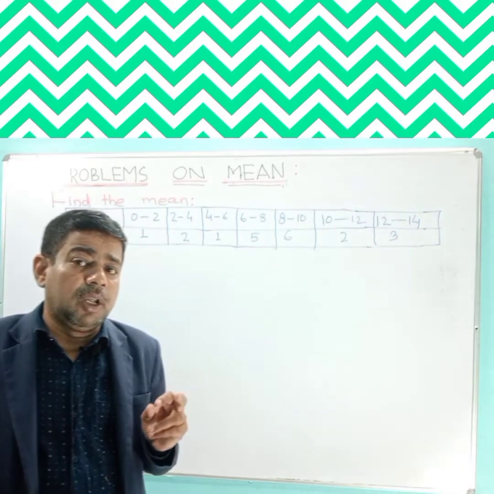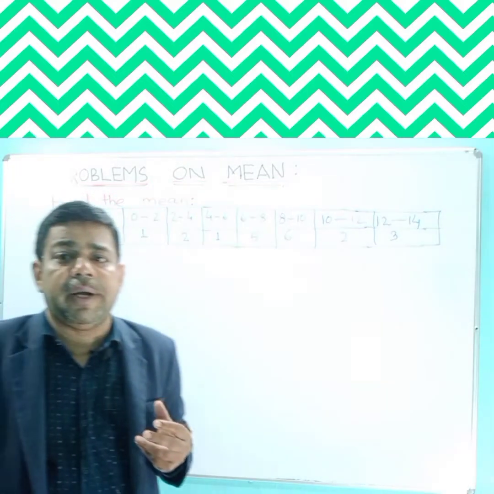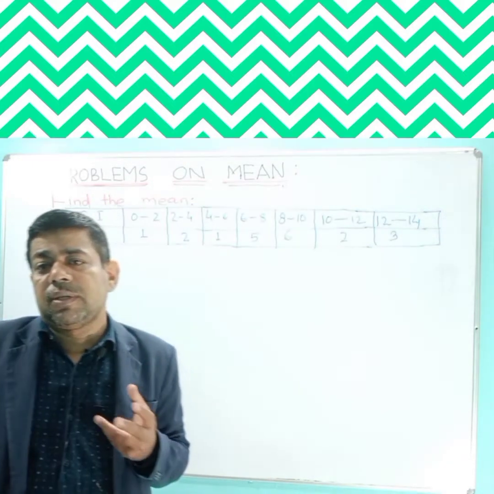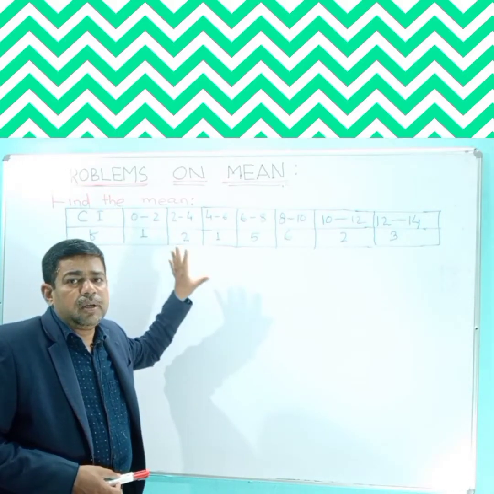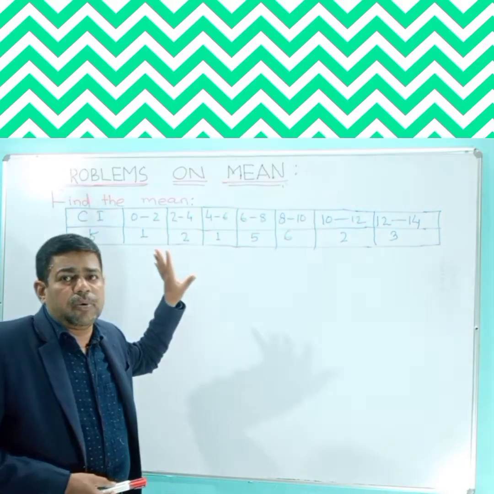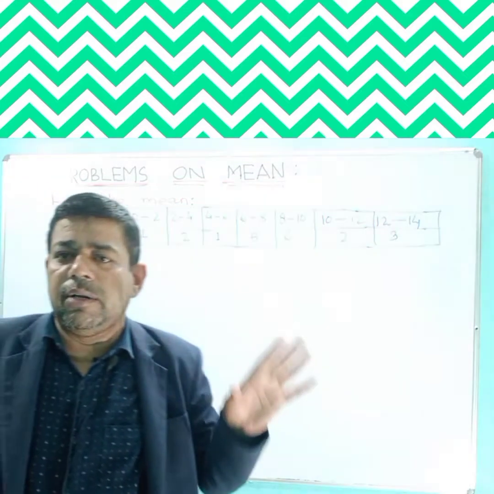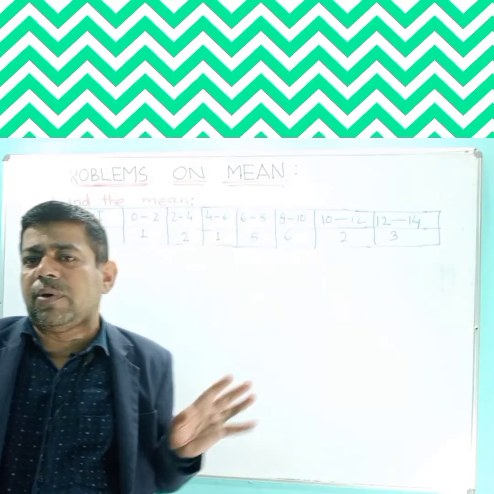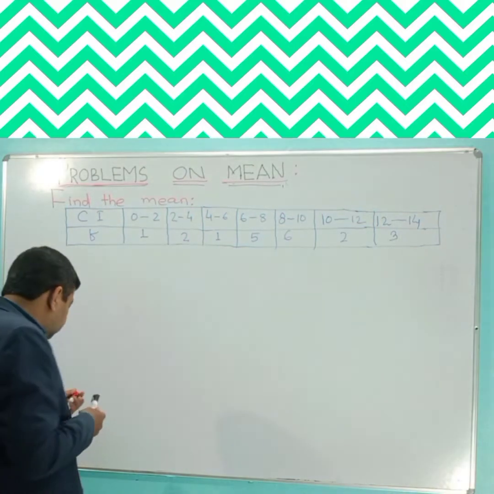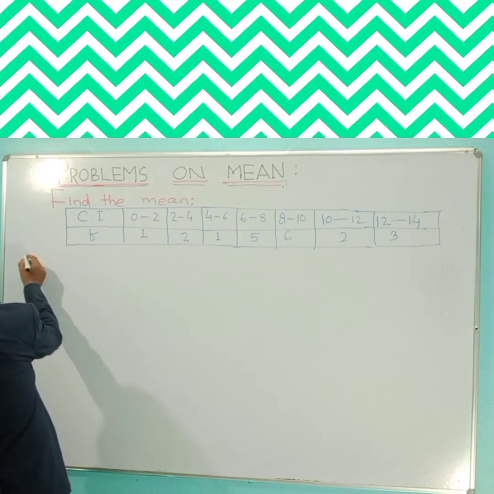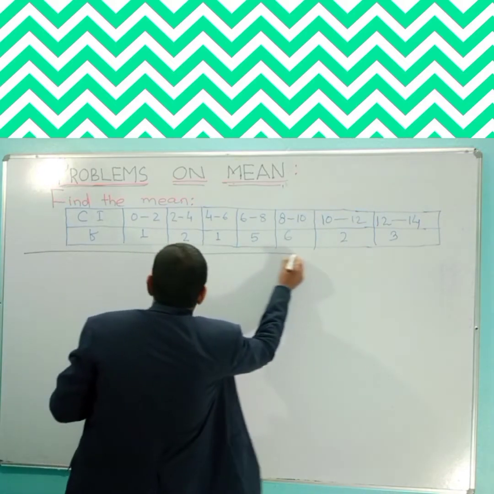I already told you that whenever we find the mean of a frequency distribution table, you have to modify the table. First of all, rewrite this table. The table is in horizontal form, so modify it into vertical manner. This is a grouped frequency distribution, right? Let's see now.